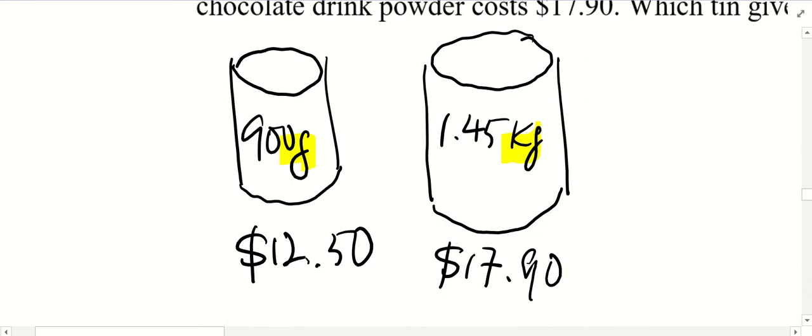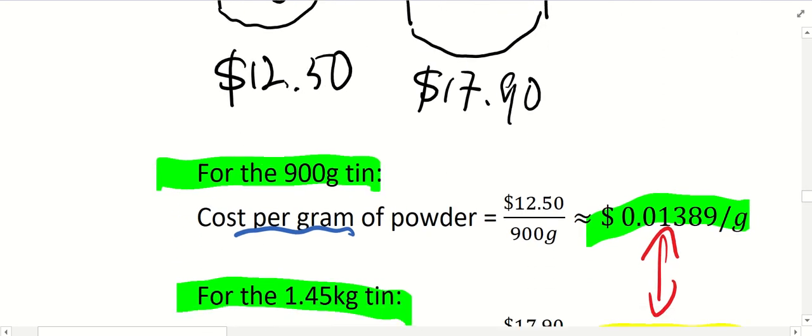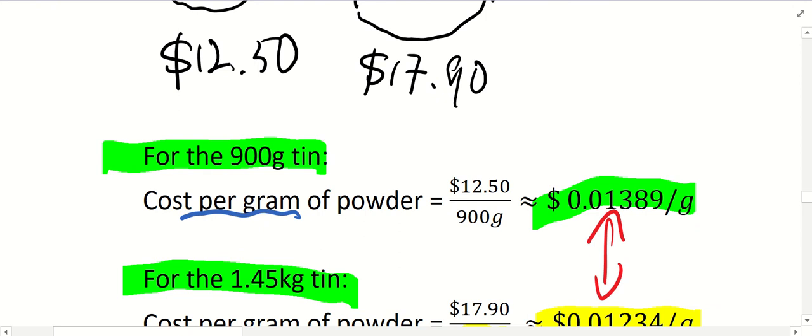Proportionality tells us that every gram in this powder is the same cost. This is why I can go ahead and calculate what is the cost per gram of powder simply by dividing by 900 grams. So proportionality tells us that within that same can, every gram costs the same.